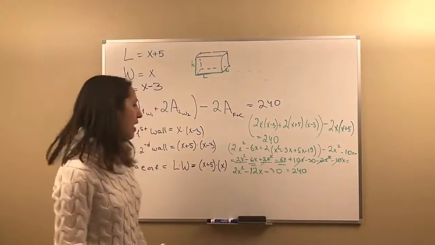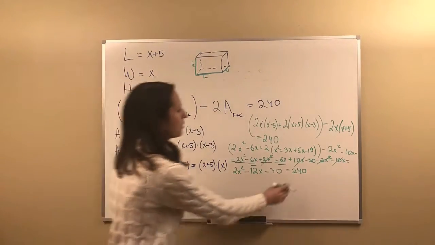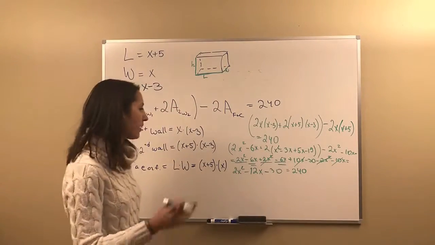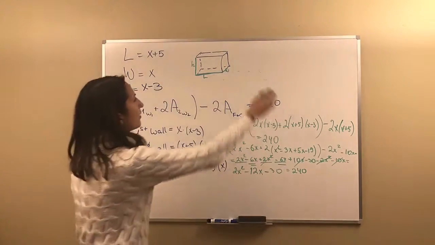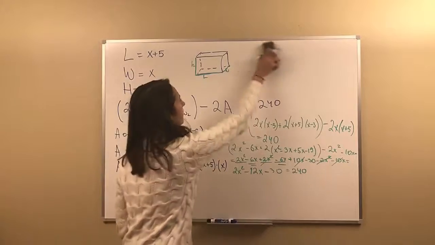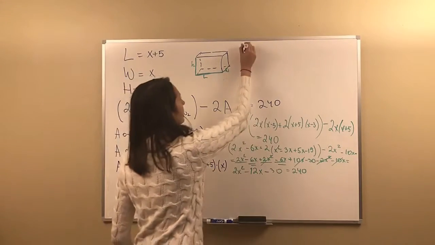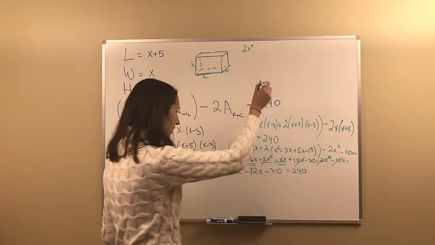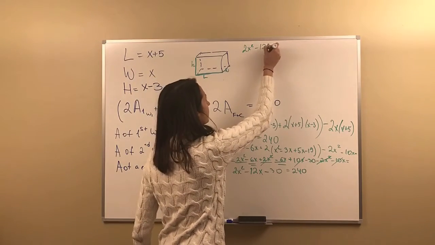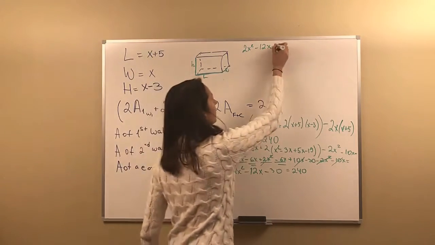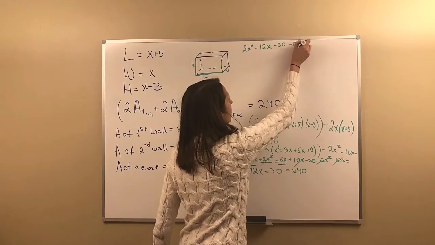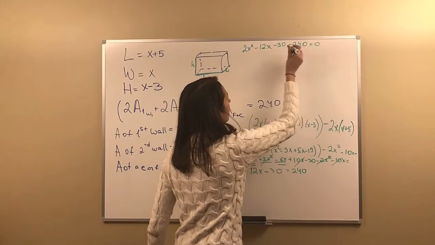Alright, so now we just move 240 over and get a quadratic equation so we can find the solution. I'll just bring it up here. Okay. So it's 2x squared minus 12x minus 30 minus 240 equals 0.